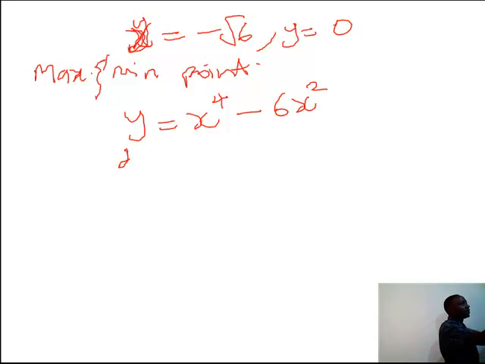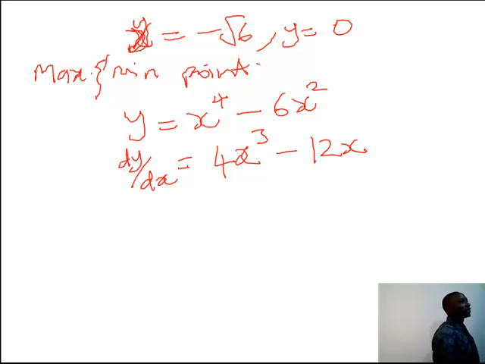The first derivative of this is going to be 4x raised to the power 3 minus 12x. That is our point. Now, in order to get the maximum and the minimum points, we are going to expand this expression. If we expand this, we are going to have 4x times x squared minus 3.